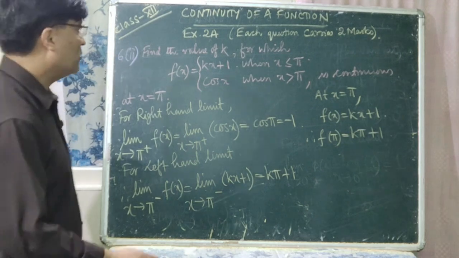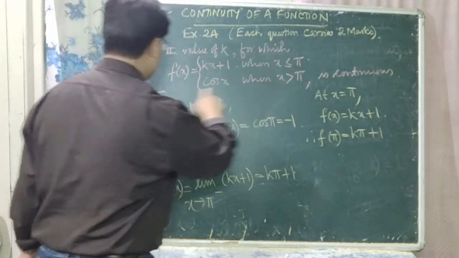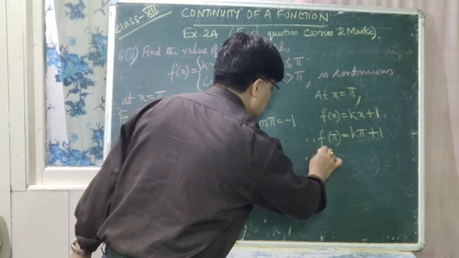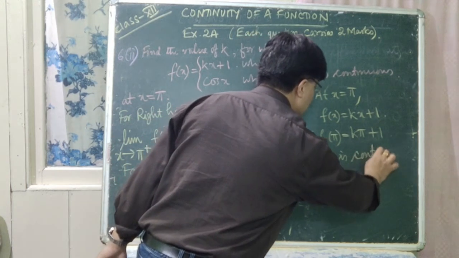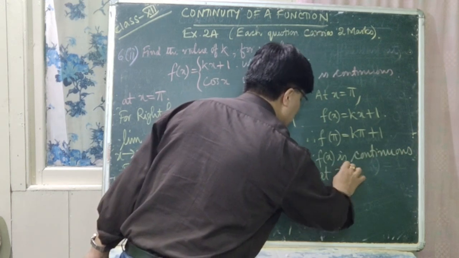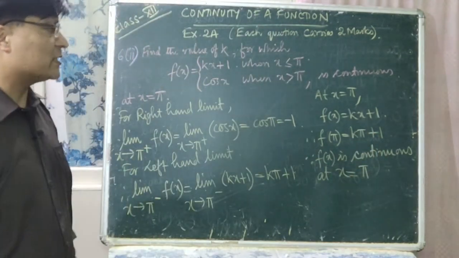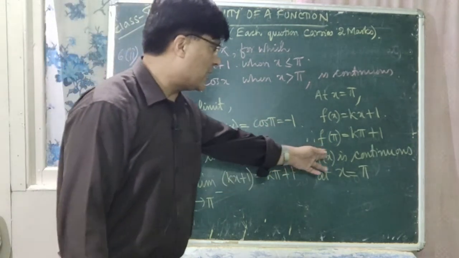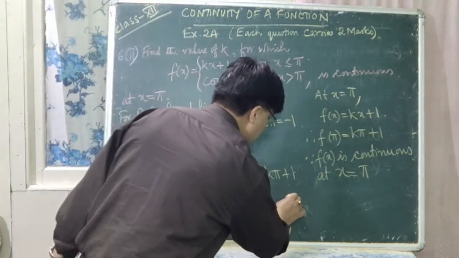Now, it is given that the function f of x is continuous at x equal to pi. Since f of x is continuous at x equal to pi, what can you write?